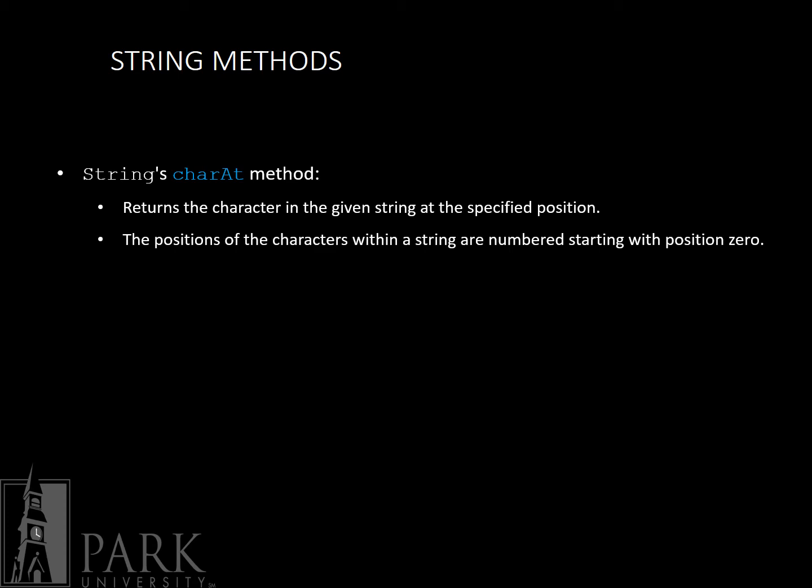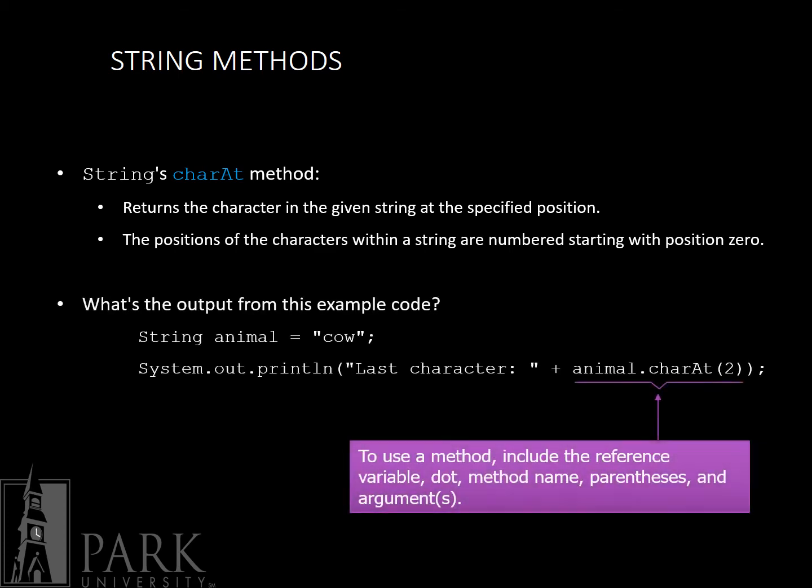But for now, try to answer the following question, and take your time and think about it. What is the output in this example code? So you should have gotten that, right?